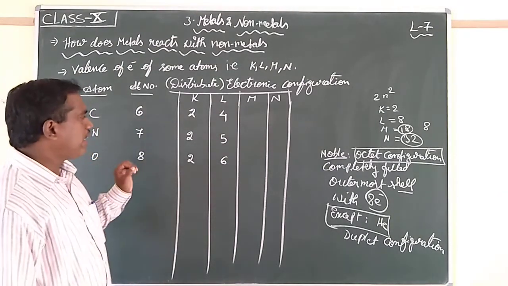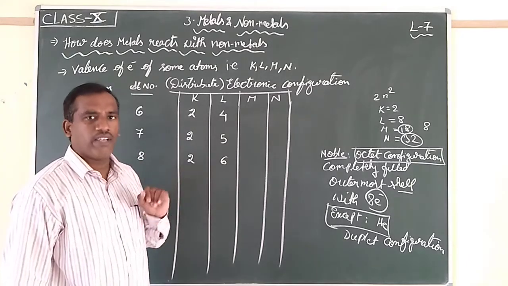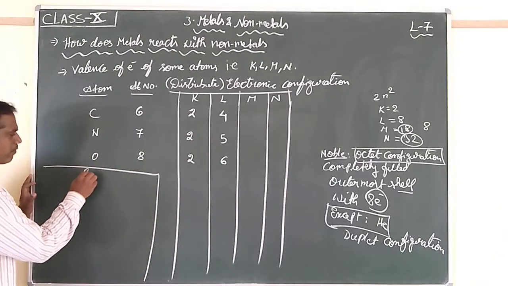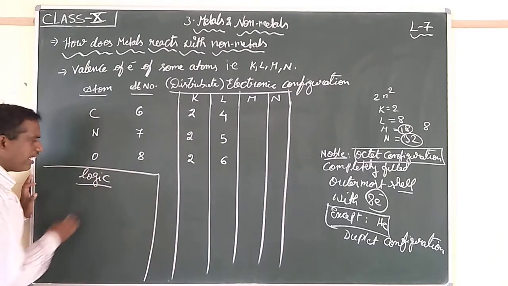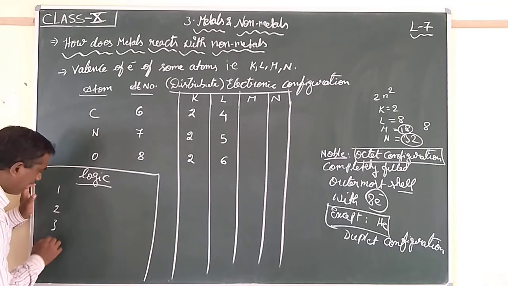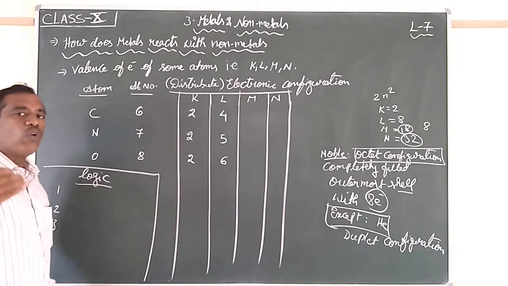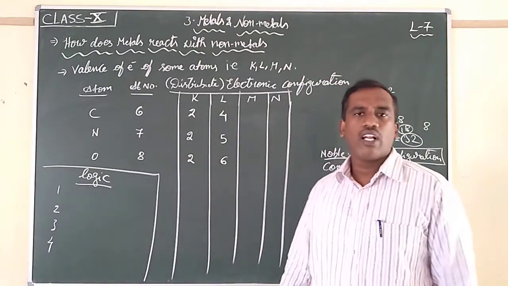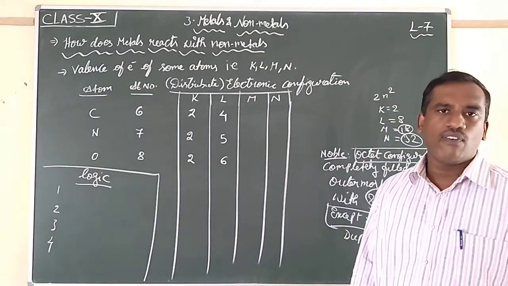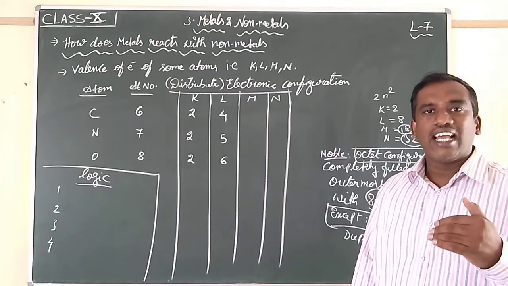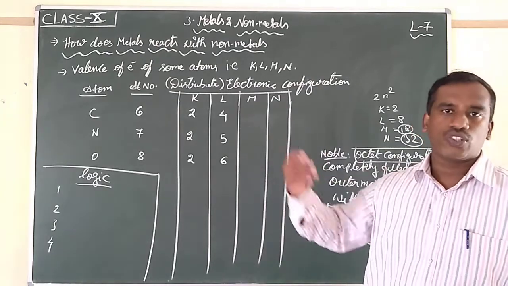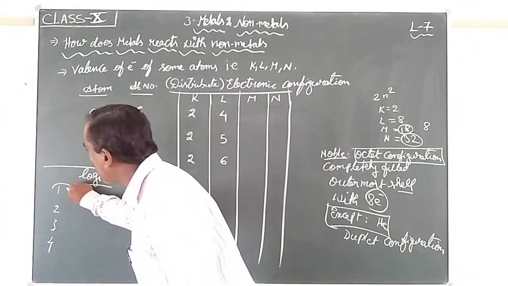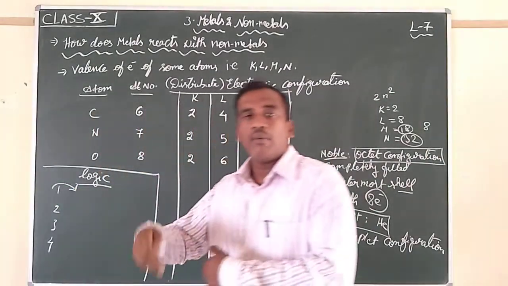Now we have given the electronic configuration of some elements. Our small logic is, if there are 1, 2, 3 or 4 electrons in the outermost shell, those electrons will be lost.